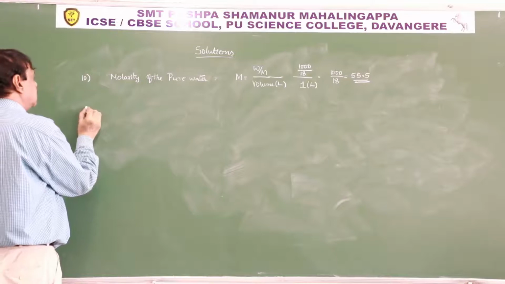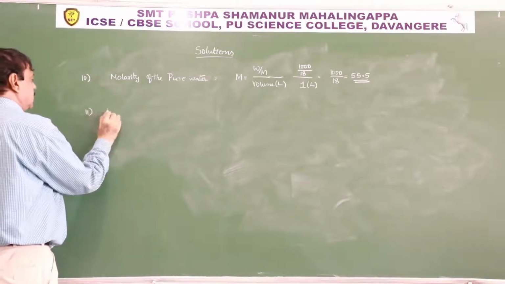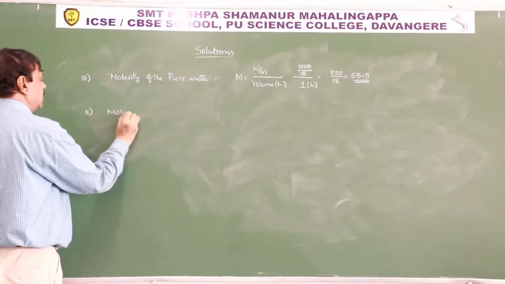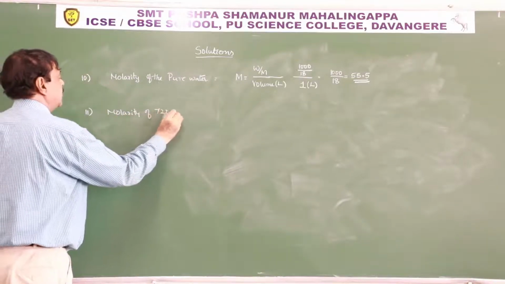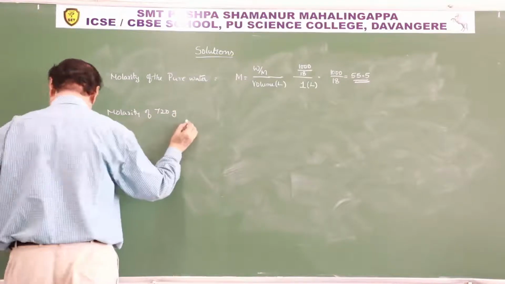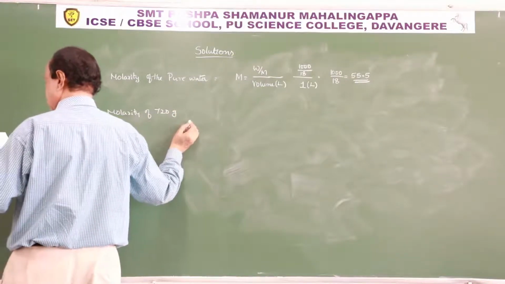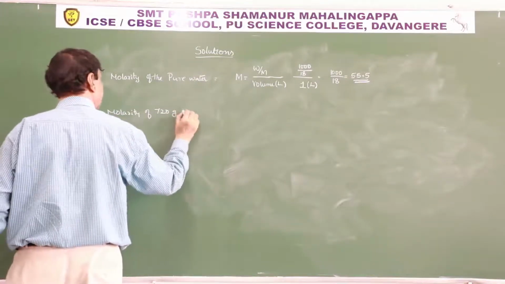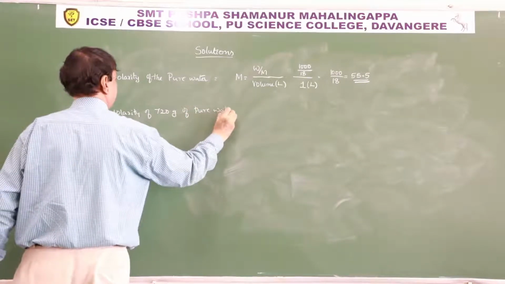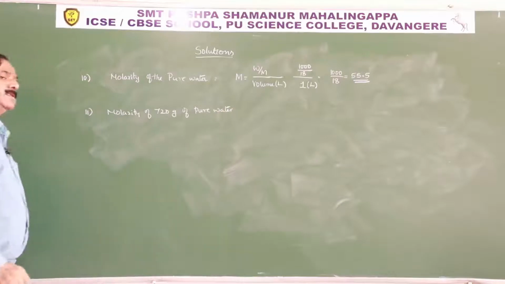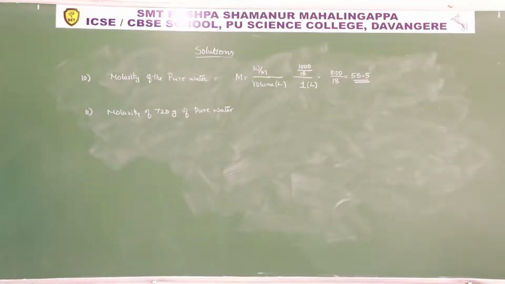Now, molarity of 720 gram of pure water. Molarity of 720 gram of pure water.